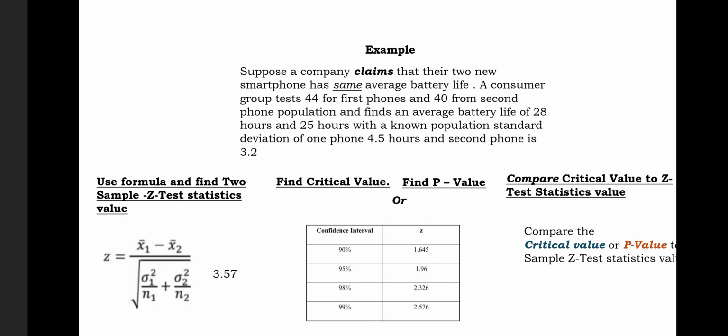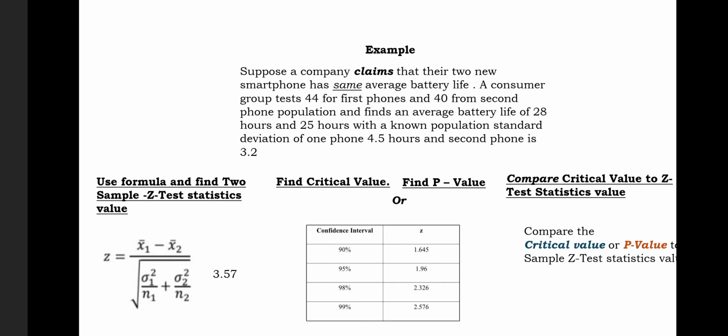But with the p-value it is completely opposite. If the z-test answer is greater than the p-value, you cannot reject the null hypothesis. If the z-test answer is less than the p-value, you can reject the null hypothesis.